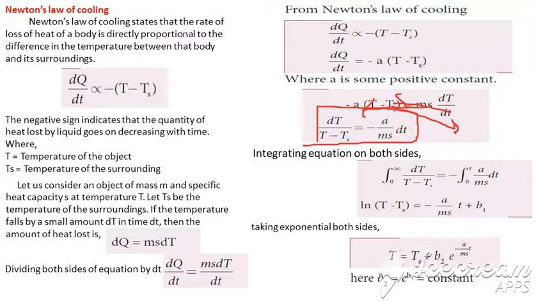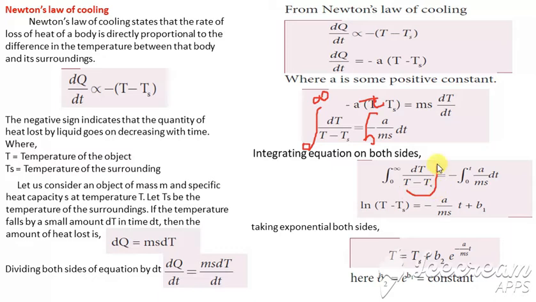Now we are going to integrate on both sides, taking the limit of 0 to infinity on one side and the limit of 0 to t, small t, on the other.